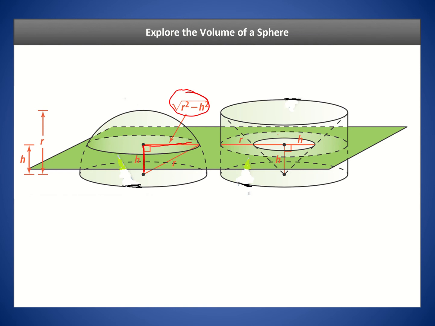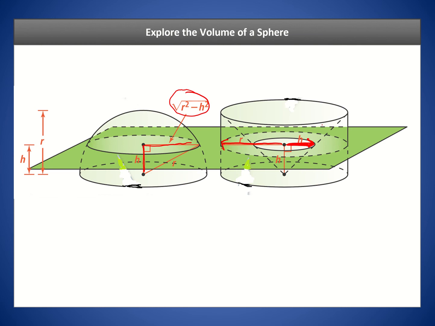Now the one on the right, this smaller circle, in order to get the area of this small circle here, I need to take the radius of this larger circle, which is r, because that's the radius of the cylinder, and I need to subtract the radius of the smaller circle, which is here, which is this h.